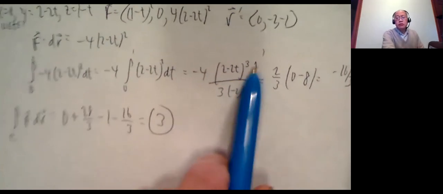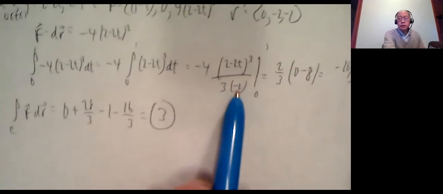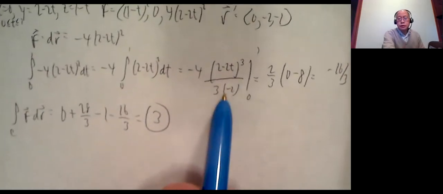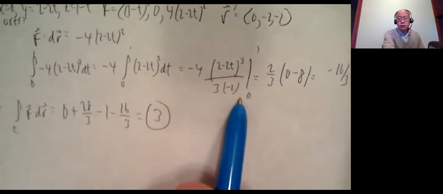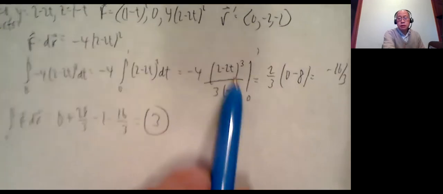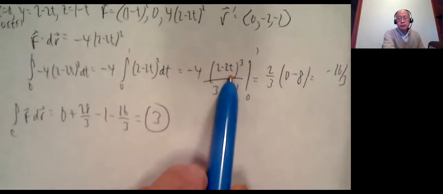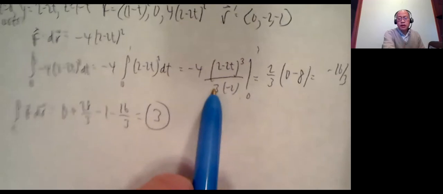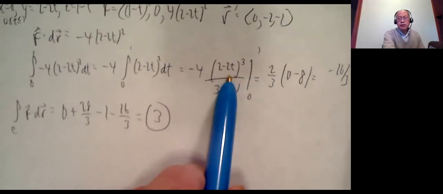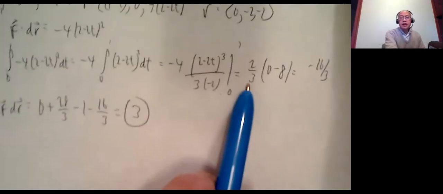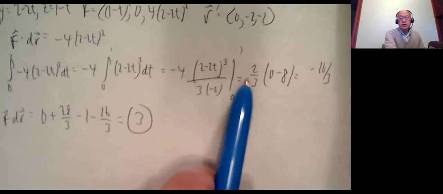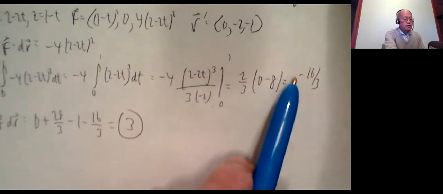This time when you plug in 1, you get 0, not when you plug in 0. So 2 minus 2t. I plug in 0, and -4 over -6 is 2/3. You have 2 cubed, which is 8, so I have a -8. 2/3 times 0 minus 8, -16/3.